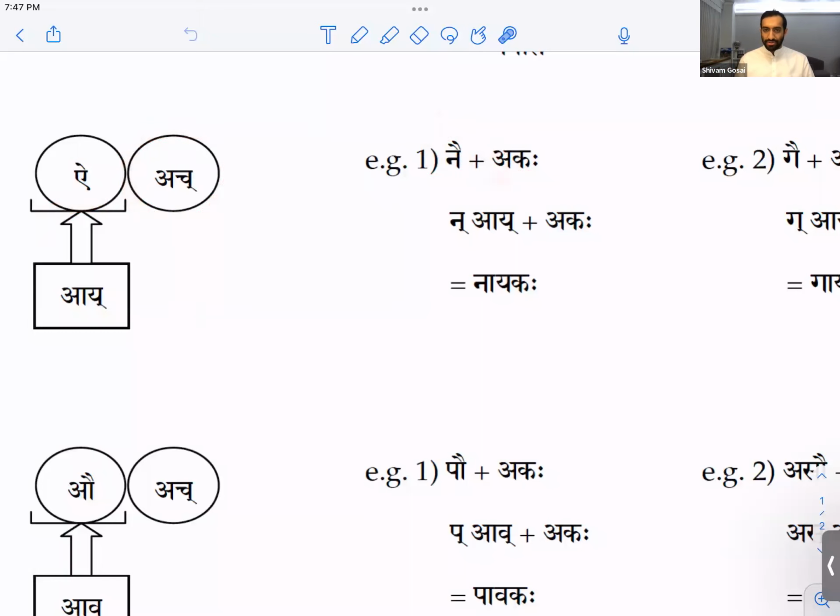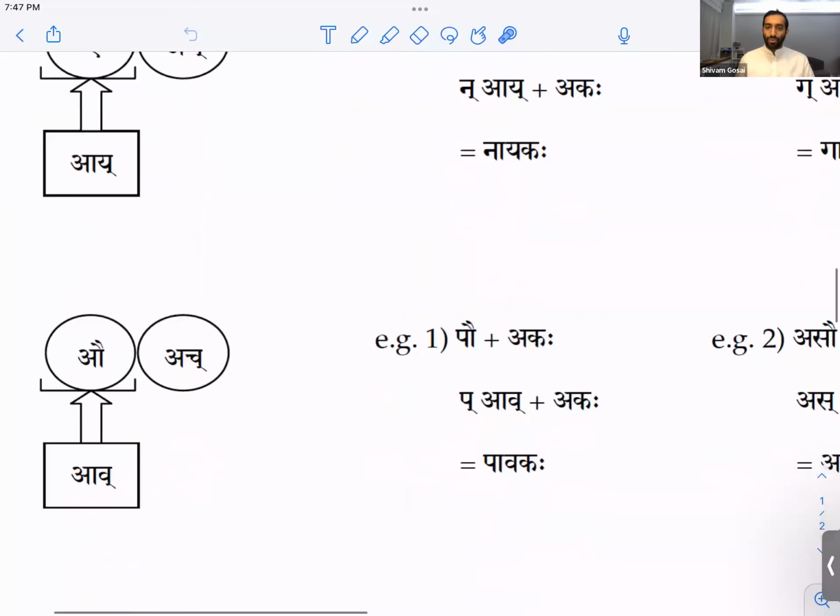I have akara. This ai is replaced by ay. So it becomes nayakaha. Here when I have pu dhatu, it becomes po because of vriddhi. Now I have po followed by aka. This po, o, gets replaced by av. So pavakaha. O gets replaced by av.